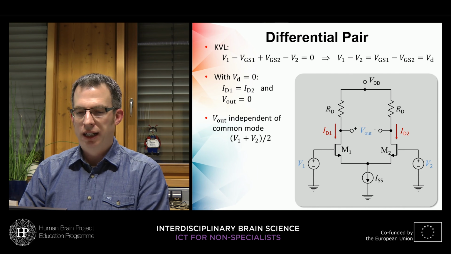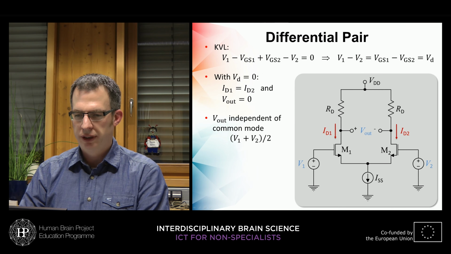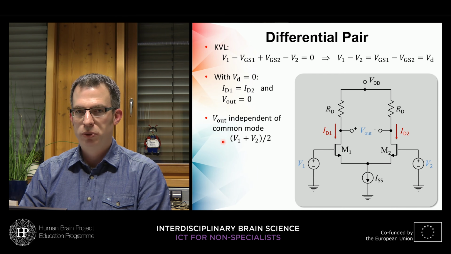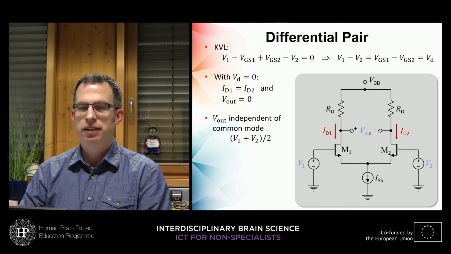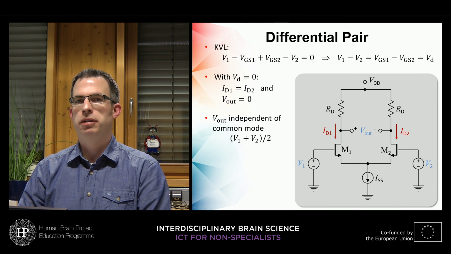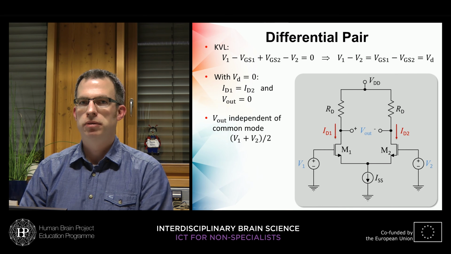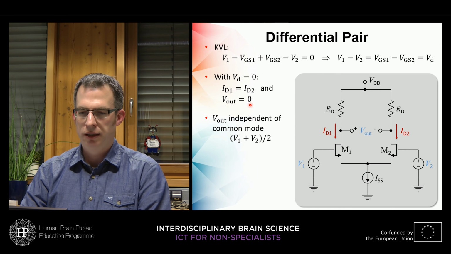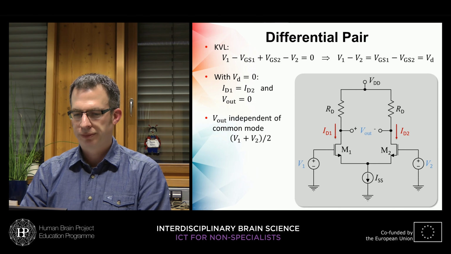So interestingly, V out is independent of the so-called common mode voltage of the input, which is given by V1 plus V2 halved. So if we add a certain input voltage to both of the inputs equally, this will have no effect on our output, which still equals 0.